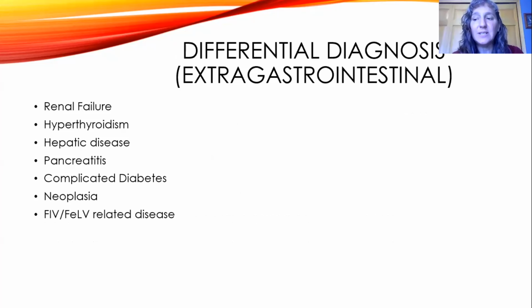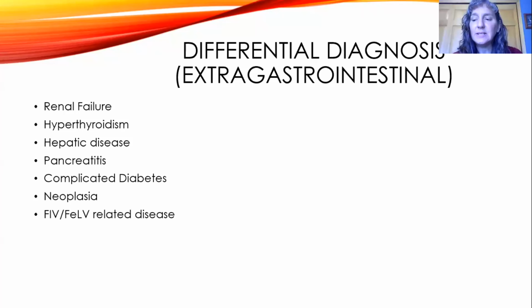Once you have established the signalment and history of the patient and characterized the diarrhea if present, then it's time to consider the differential diagnoses. These are divided into diseases that are not primarily affecting the GI tract, but through their disease processes can secondarily affect the GI tract, and then those that do primarily affect the GI tract.